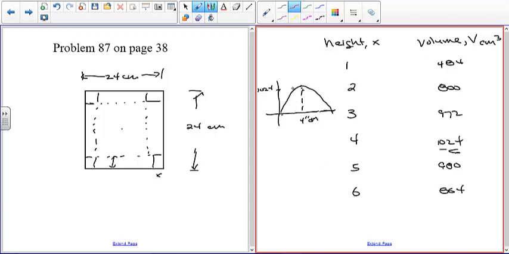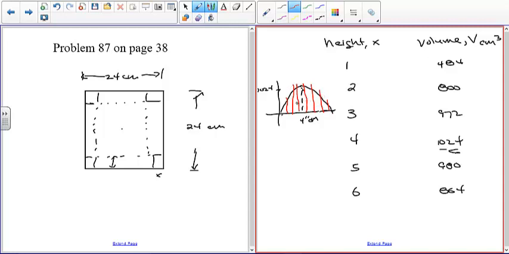So yes, because if I draw this vertical line anywhere within the domain, which goes from 0 to something, probably 12, because if you had these heights 12, then there wouldn't be anything left over to be inside. So this is probably 12. But you can see it only crosses the curve one time, because that happens for every value of x. There's only one value of y, so it is a function.